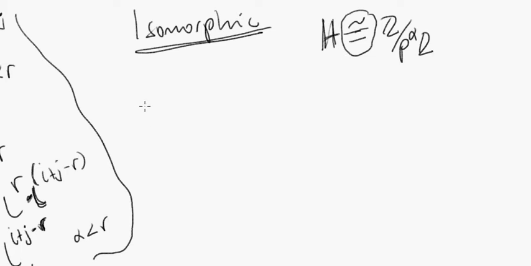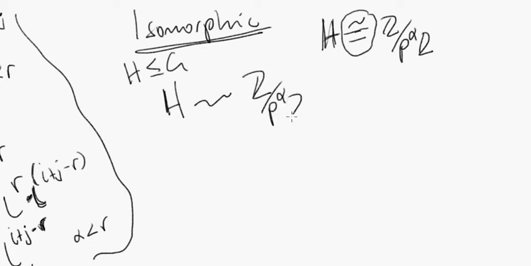In fact, what we're really trying to capture is this idea. What if we showed that in our group G we had a subgroup H of G, and this H was pretty much the same as Z mod p^α Z? What do we mean by pretty much the same?